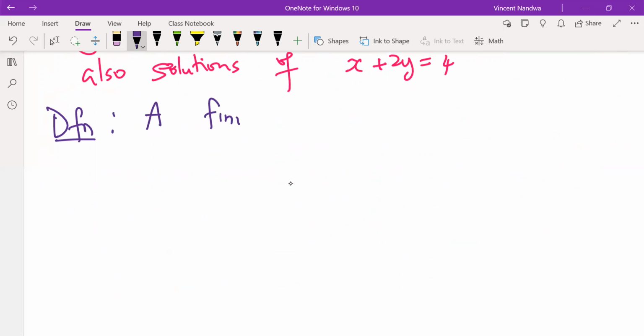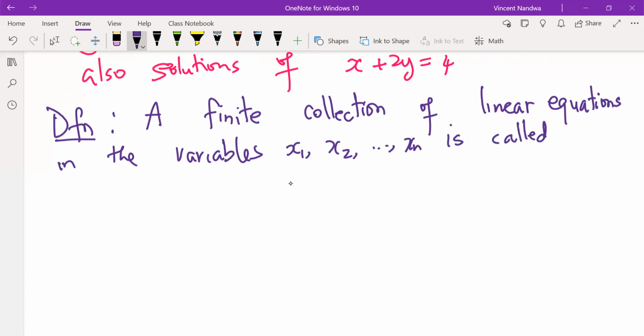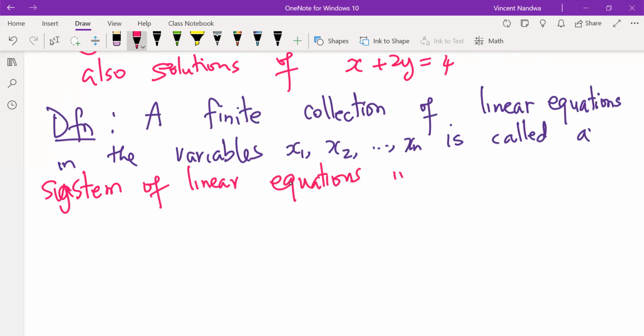A finite collection of linear equations in the variables x1, x2 up to xn is called a system of linear equations in these variables.